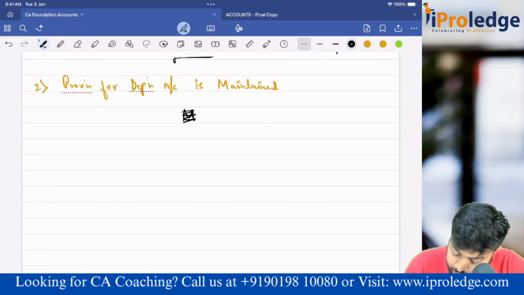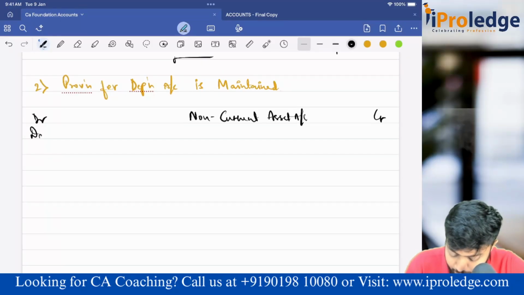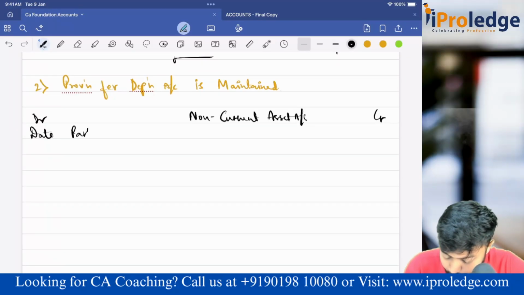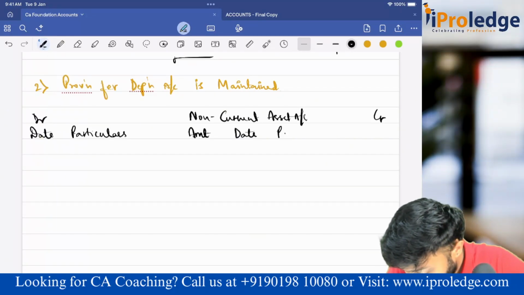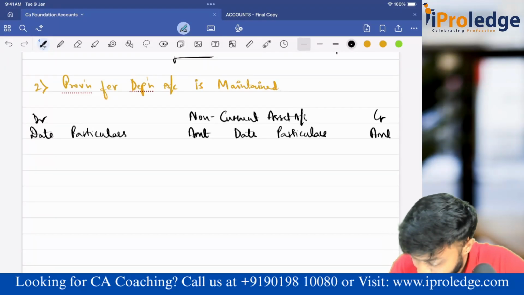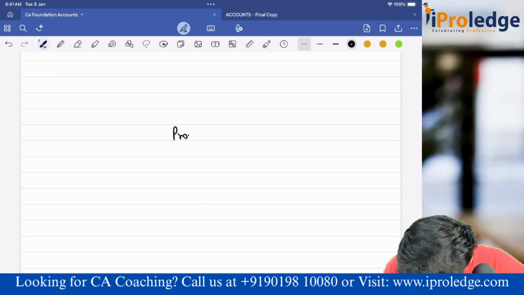One is the non-current asset account, and we'll have one provision for depreciation account.